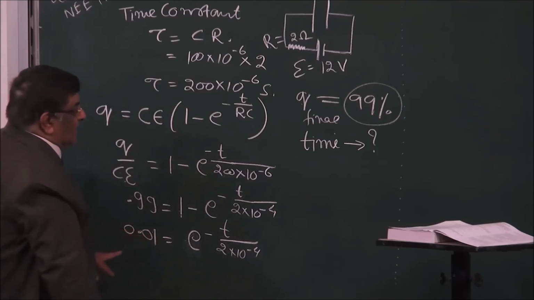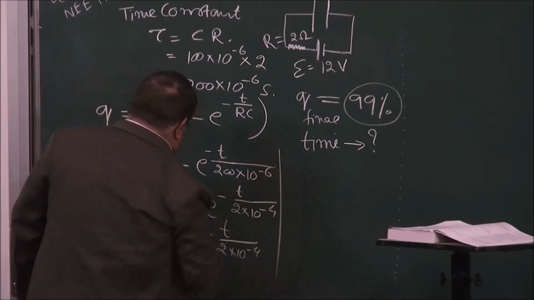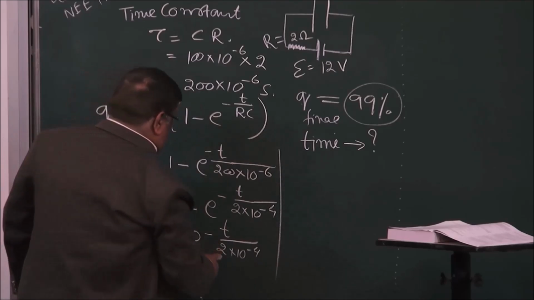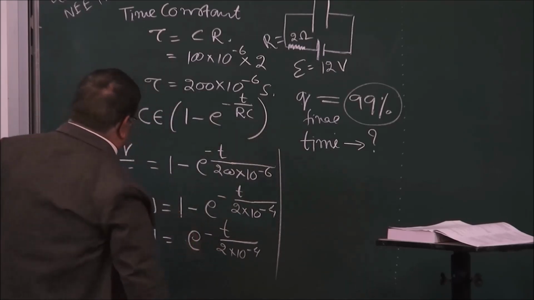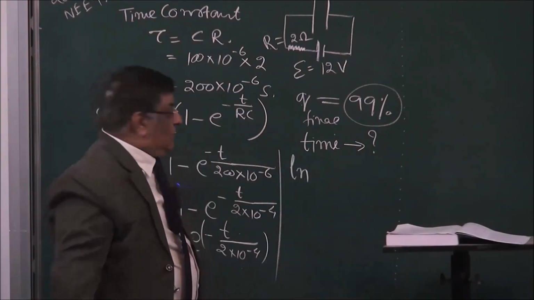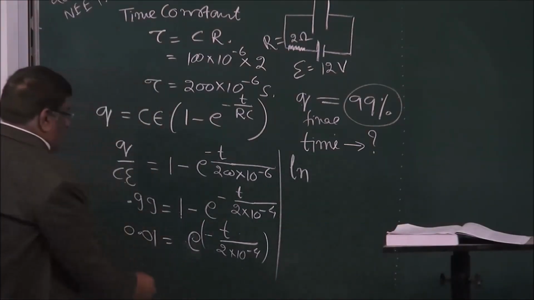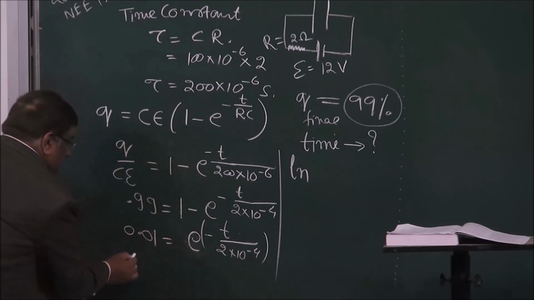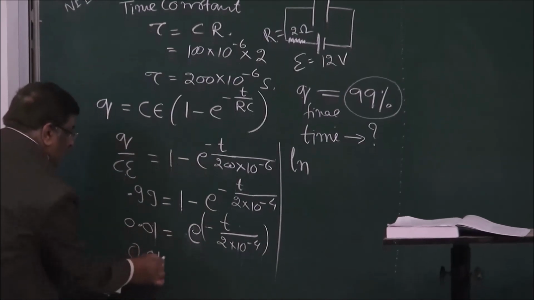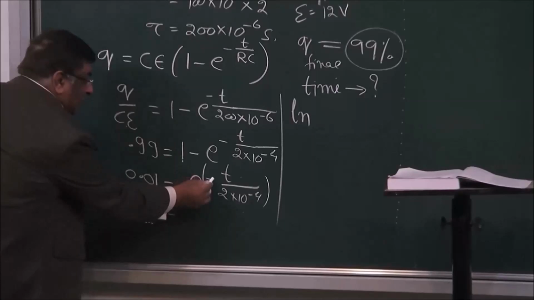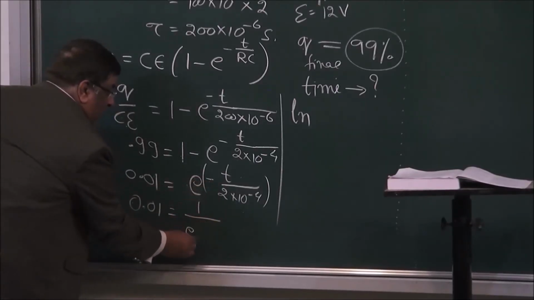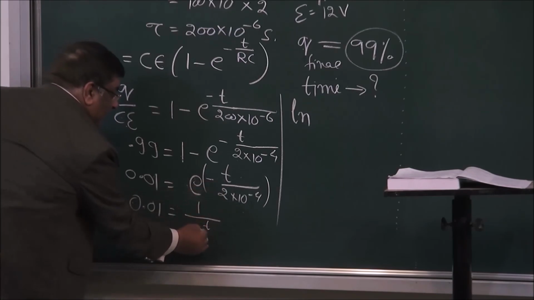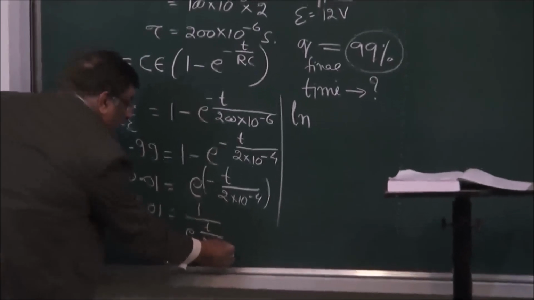So now this gives an equation. 0.01 is equal to, because of this minus, we can write 1 upon e to the power t upon 2 into 10 to the power minus 4.